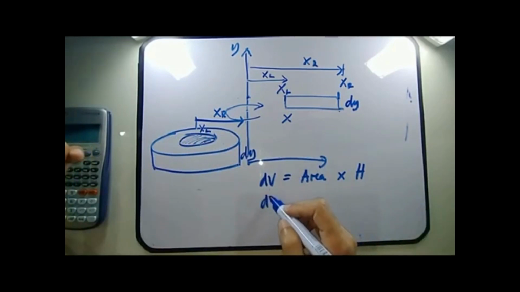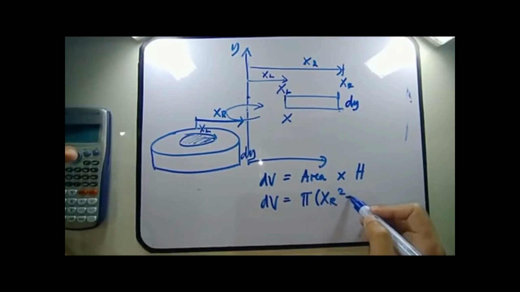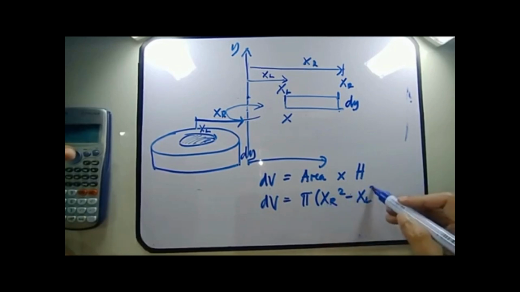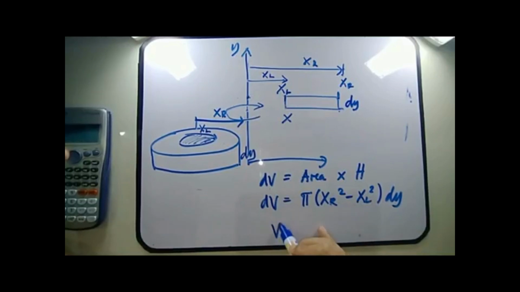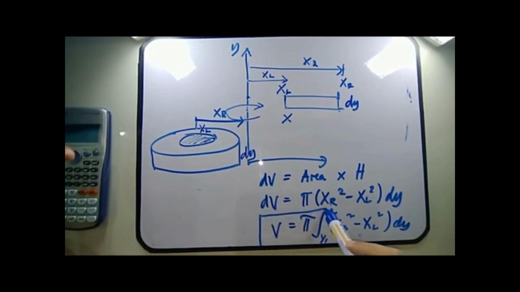So, we have here differential of volume equals pi times xr squared minus xl squared. So, i-factor out na natin yung pi times differential of y. So, integrating both sides, we have V equals pi times integral of xr squared minus xl squared differential of y from y1 to y2. So, this will be our third principle.